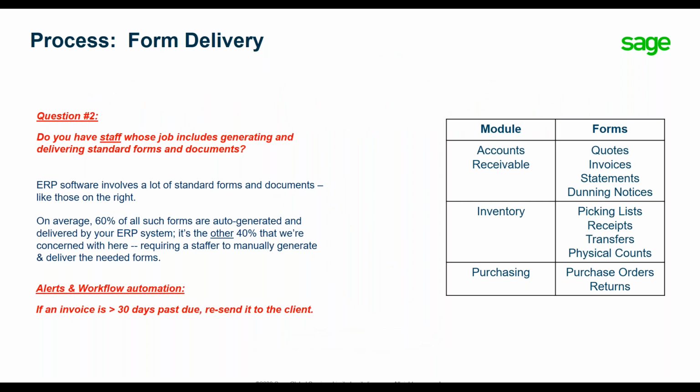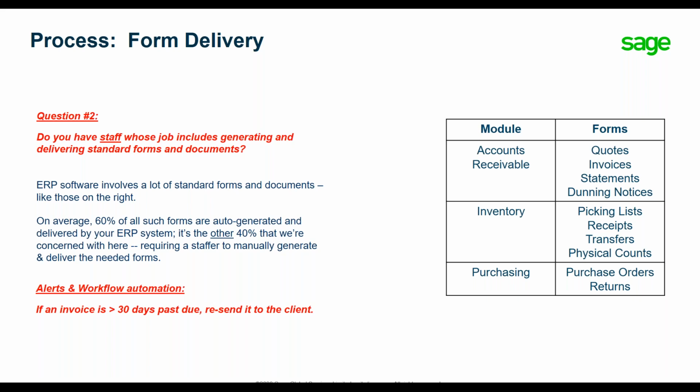So, forms delivery. Do you have staff whose jobs include generating delivery forms and documents? And these are all types of forms. If you're delivering quotes out to people, if you're delivering invoices and statements and dunning notices, a picking list, packing list, anything that's being generated within Sage, whether you're generating it through a Crystal report, an SSRS report, any type of information that's being generated and delivered, we can use Sage Alerts and Workflow to deliver it to the specific person at the right time.